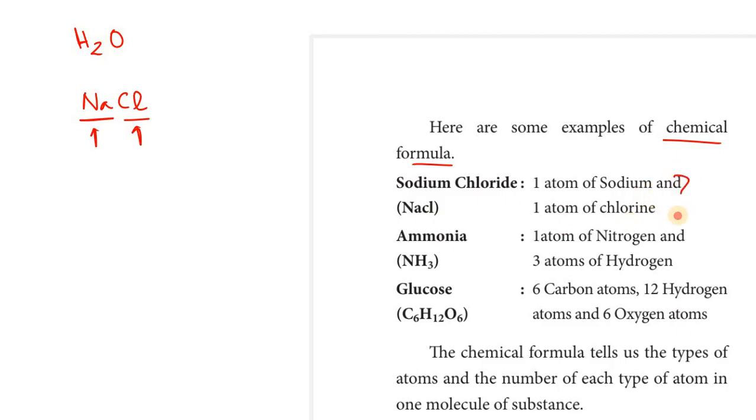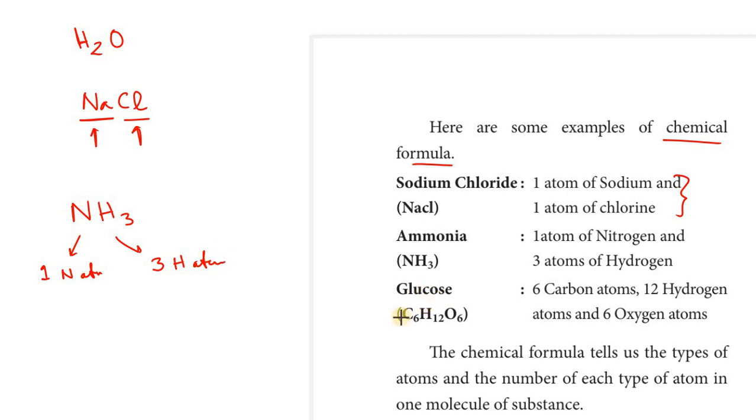What about ammonia, NH3? There is nothing written over here, so this means just one nitrogen atom. And how many hydrogen atoms are there? 3. So this means 3 hydrogen atoms.